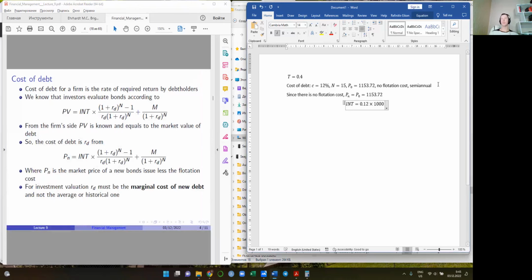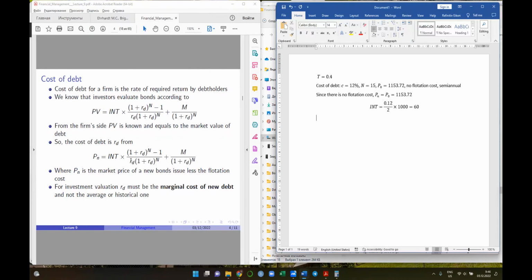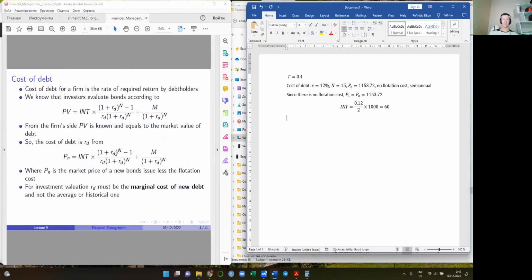But also we know that these are semi-annual bonds, which means that we need to divide this by 2 times a year. Overall it's 60. Now RD is not known, that's what we are looking for. And M, as I said, is assumed to be 1000. N is going to be recalculated as 30, but we can adjust it.